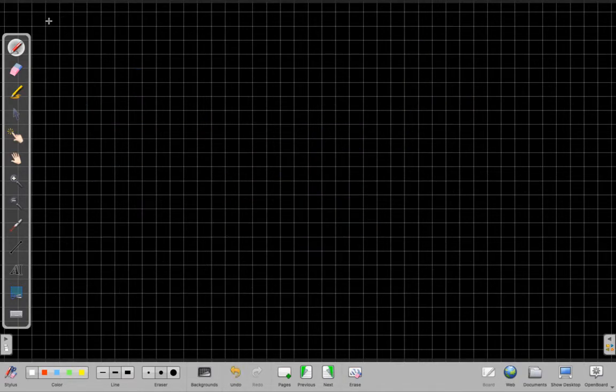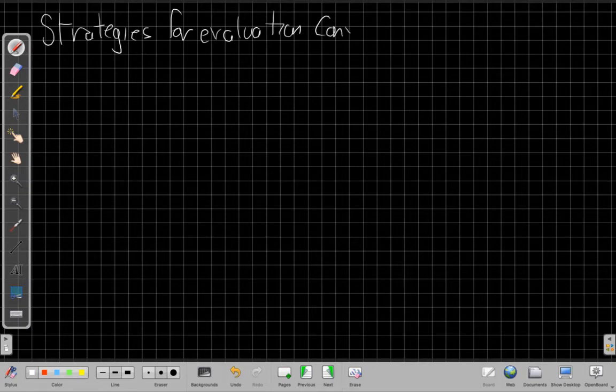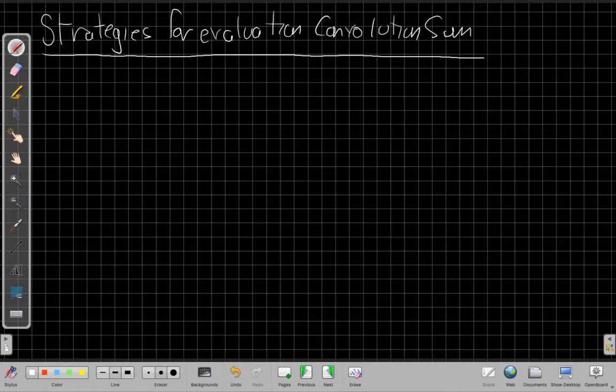There are a couple of strategies for evaluating the convolution sum. The first is that sometimes we directly evaluate the sum.